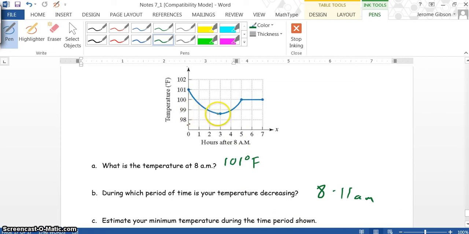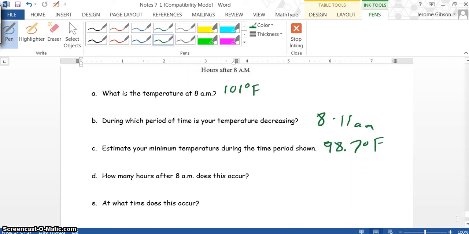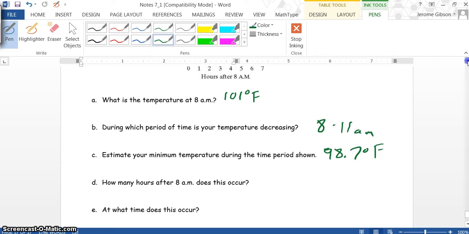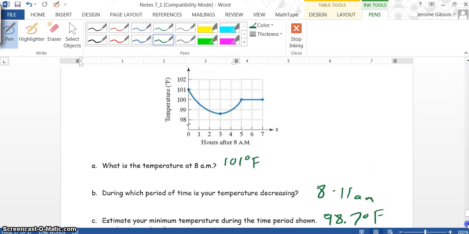So that would be about, let's say about 98.7 degrees Fahrenheit. It says how many hours after 8 a.m. does this occur? It occurs 3 hours after 8 a.m.